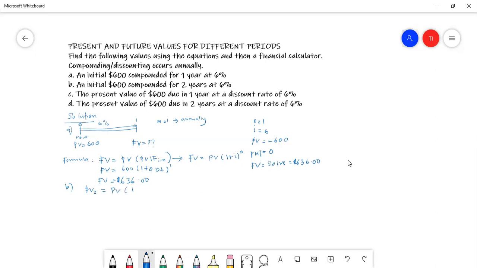Present value times (1 plus 0.06) for the 2 years, and 600. So now can you find the answer? 674.16.